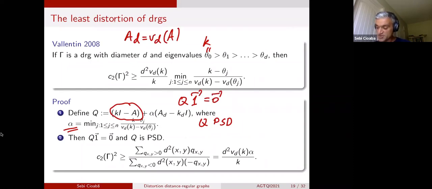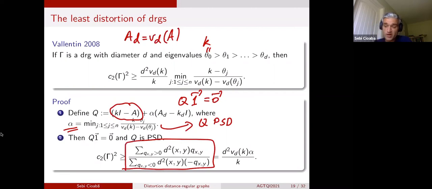So alpha is chosen such that the matrix is positive semi-definite. You can choose several alphas, but at the same time, when you compute this expression, since this is a lower bound for c of G squared, you want this to be as large as possible. So this happens, you may think strangely, for the minimum of this expression.